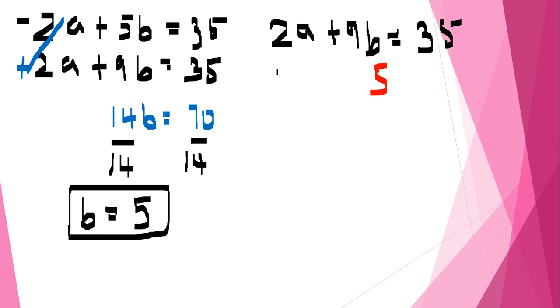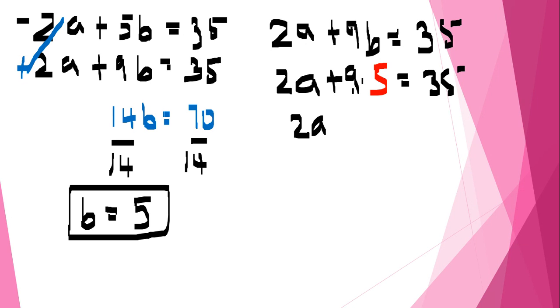So I just drop down the 2a plus, I've got 9 times 5 now equals 35. 9 times 5 will give me 45, and on the right hand side, I still got 35.